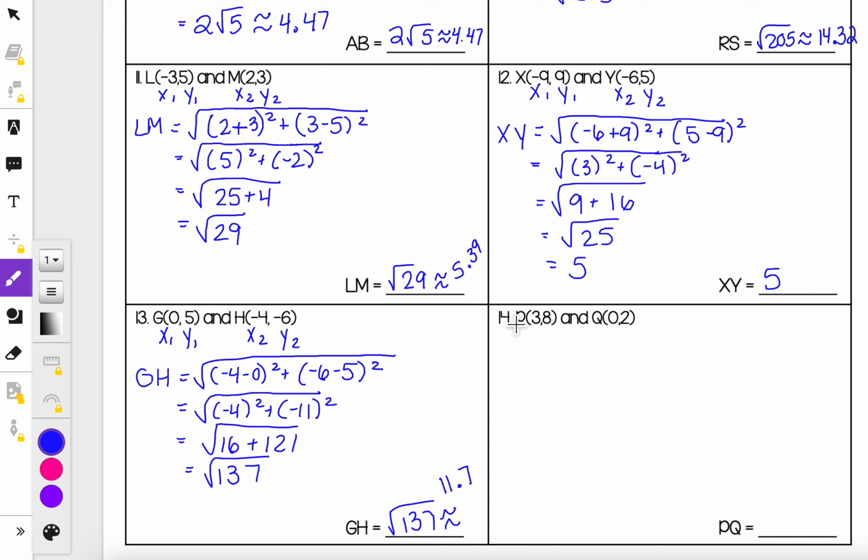And then our last one here, we're trying to find the length of PQ. So again, 0 minus 3 squared plus our y2 minus y1, so 2 minus 8 squared. Simplify what's inside your parentheses.